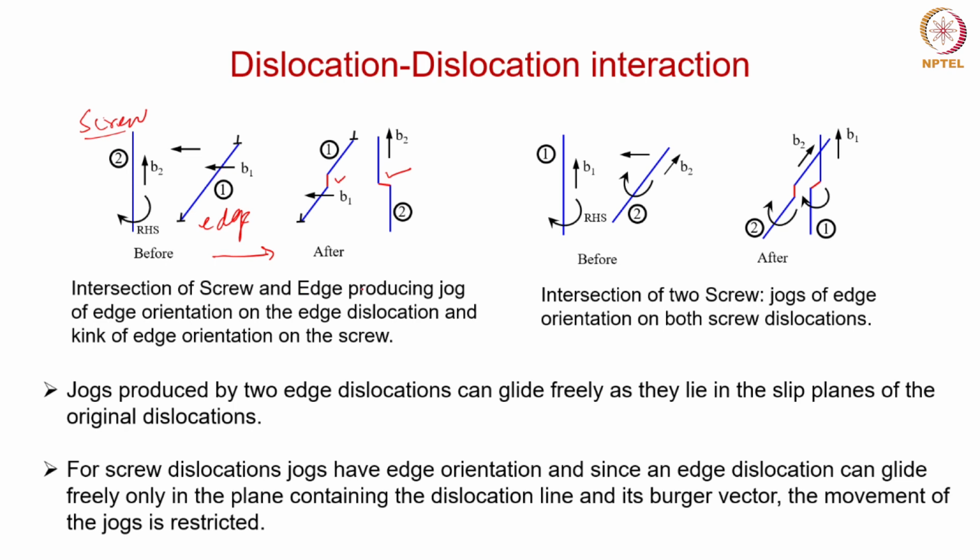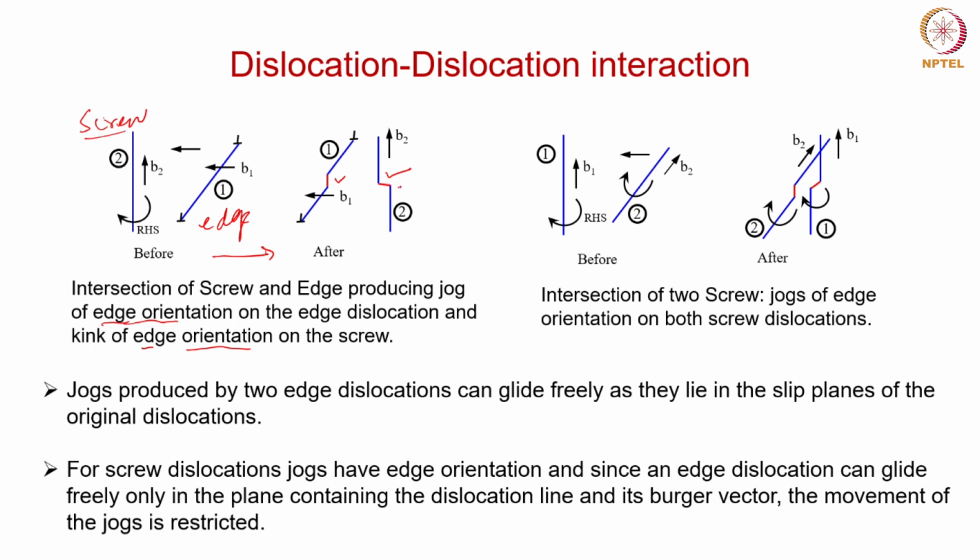So the step which is created on the edge dislocation is of edge orientation, because you could see this is still perpendicular to the Burgers vector, right? So that is why this is of edge orientation, right? On the other hand, the kink which is generated on the screw dislocation is also of edge orientation.